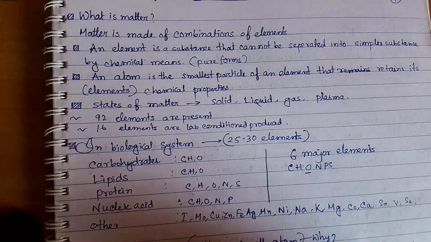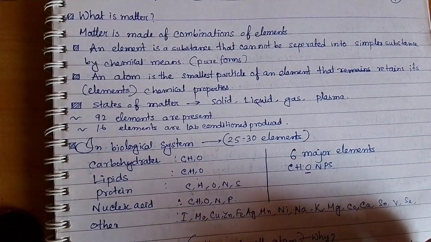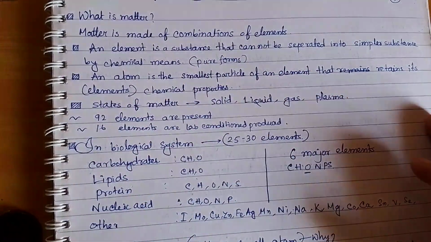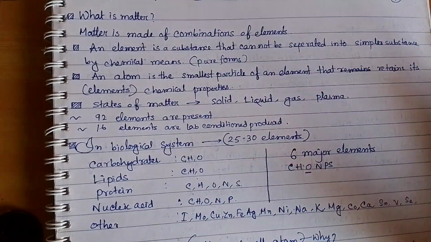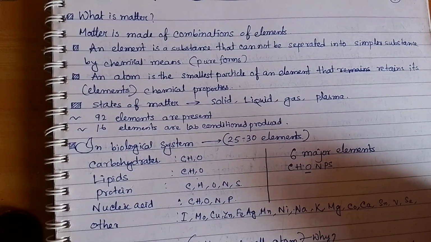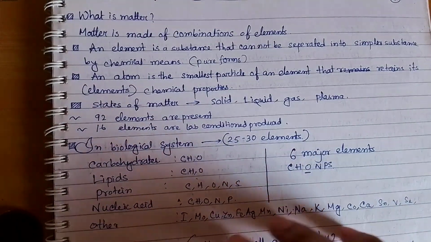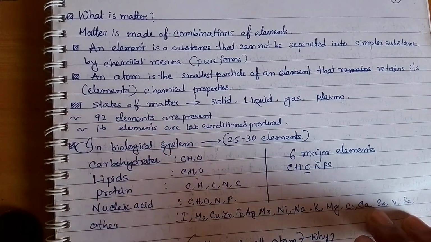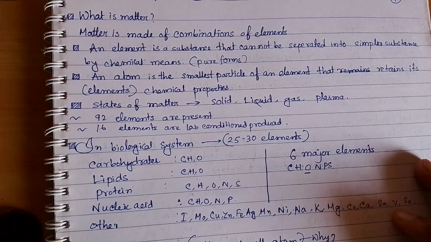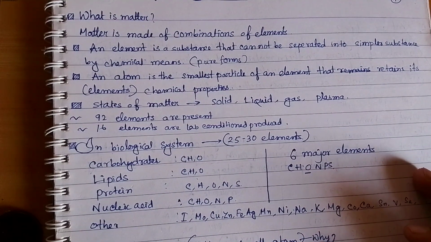These might be iodine, molybdenum, copper, zinc, Fe, Ag, Mn, nickel, sodium, potassium, magnesium, cobalt, calcium. These minerals help different transport systems and have utilities in the living system. In aggregate, 25 to 30 elements are necessary in a biological system.